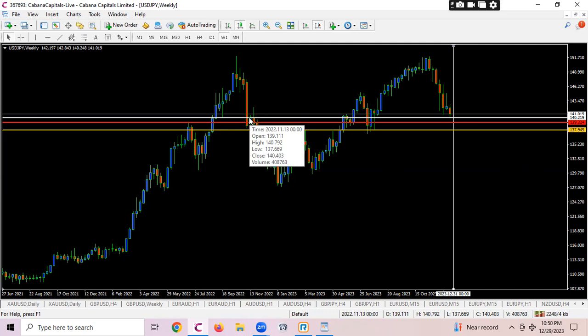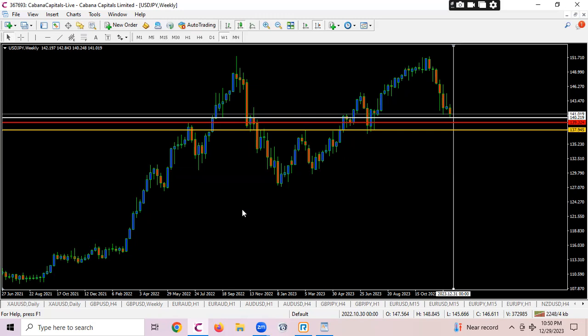And when price hits a resistance level, it is expected to drop.